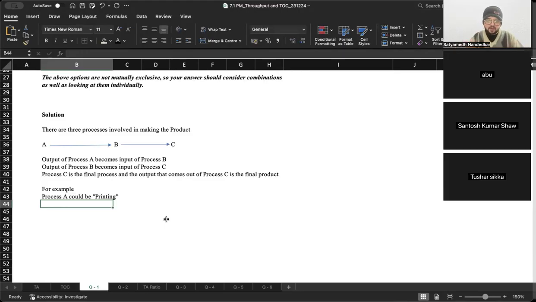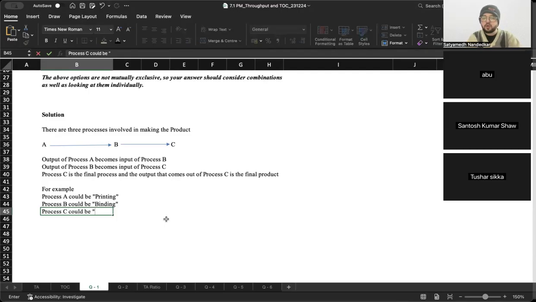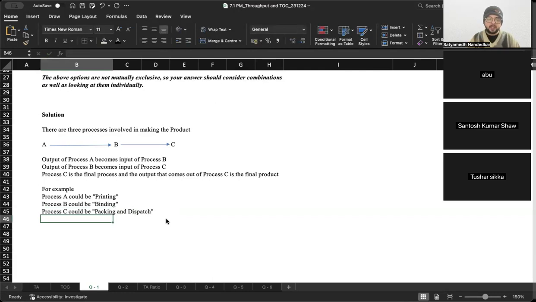So process A was printing, process B could be binding, and process C could be packing and dispatch.